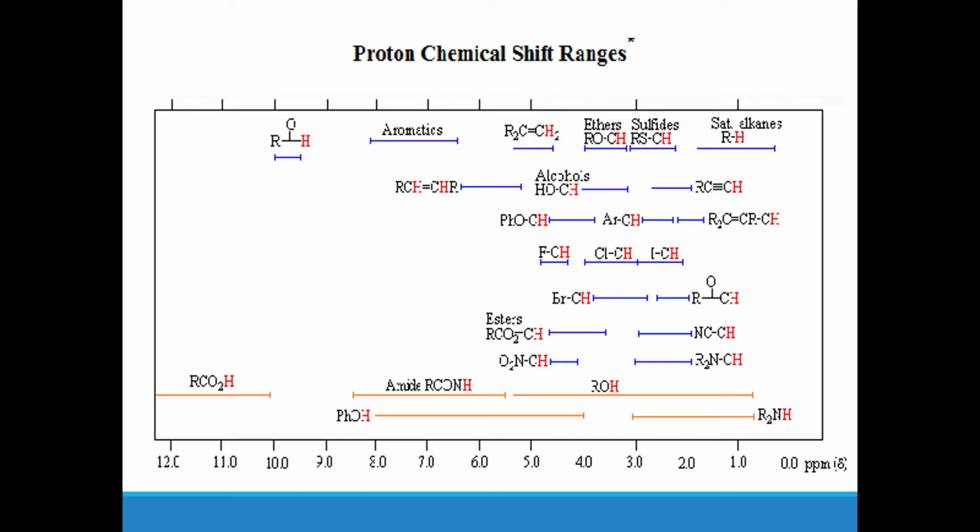It's better to understand how these hydrogens are affected by electronegativity, whether they're on a benzene ring, or how far away they are from the center of the molecule. From there, you can guesstimate where the peak should be, and this should help you figure out what molecule you're working with when you're looking at an NMR.